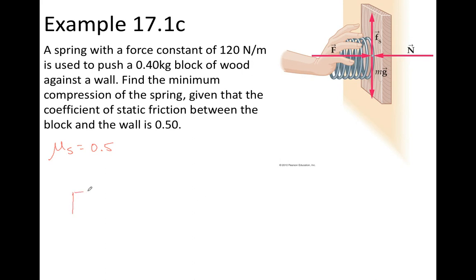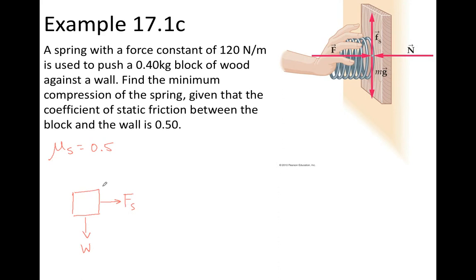Now, if we draw a free body diagram showing all the forces, we're going to basically copy what's going on here. We've got the weight pulling down. The spring is compressed, so it's going to push to the right. So we'll call that Fs for the force exerted by the spring.